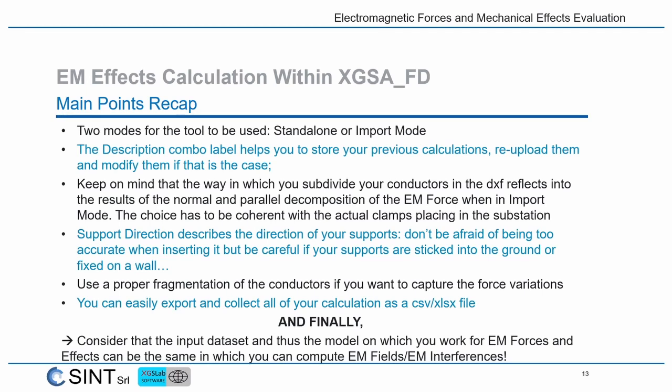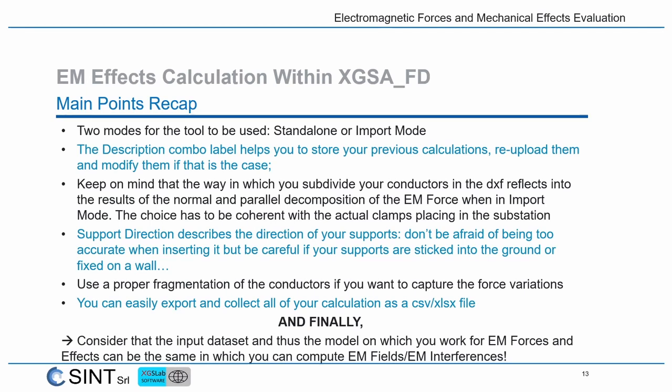You can then re-upload them and modify some of the items or parameters if that is the case. Another important aspect is that the way in which one subdivides the conductors in the big set reflects into the results of the normal and parallel decomposition of the force when you are using the import mode solution.